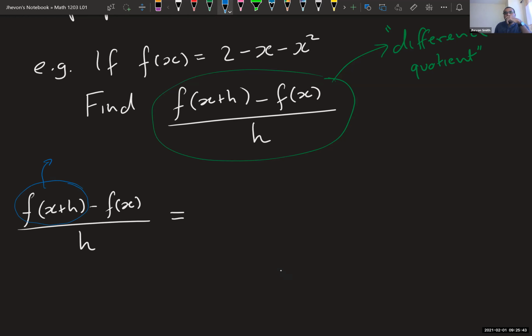Do you remember something called a composite function? Don't be shy. How would you describe how to do f of x plus h?